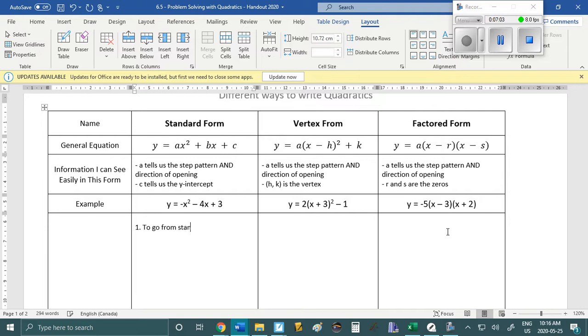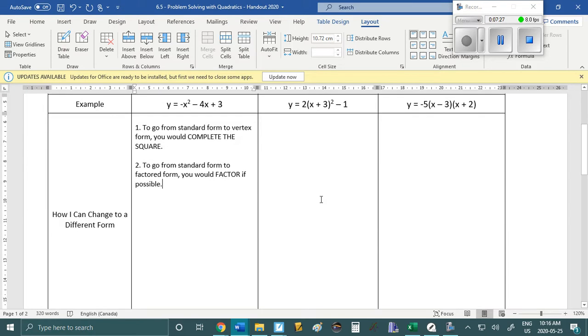To go from standard form to vertex form, you would complete the square. To go from standard form to factored form, you would factor, if possible. Of course, sometimes you can't, right? Sometimes factoring just isn't possible.